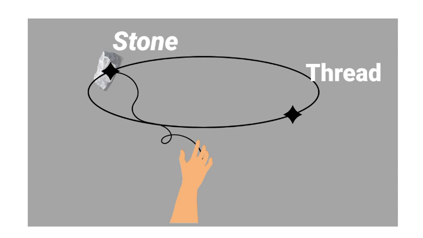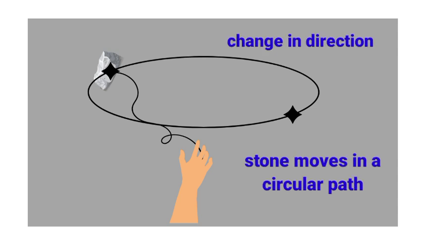You can observe here the stone moves in a circular path with a certain speed and changes the direction at every point. The change in direction involves change in velocity and acceleration. As the stone is moving, the direction is also changing.